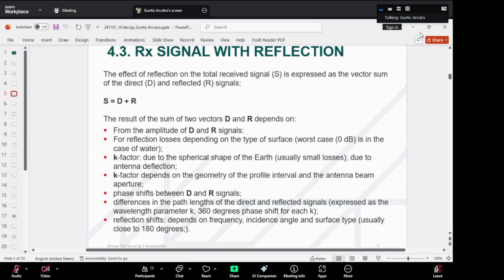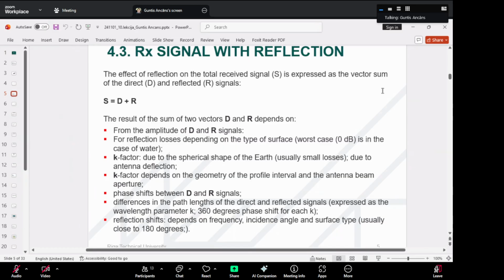The effect of reflection: the total received signal is expressed as the vector sum of the direct and reflected signals. And the result of the sum of two vectors depends on the amplitude of the signals, on reflection losses depending on the type of surface, and on the K factor due to the spherical shape of Earth.